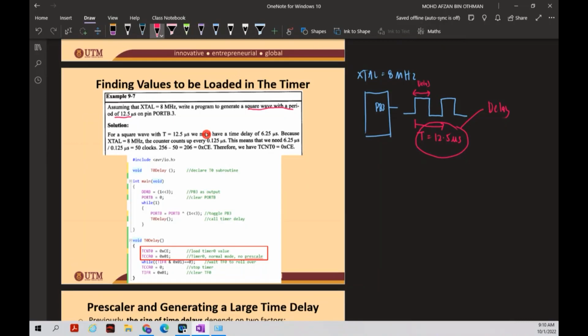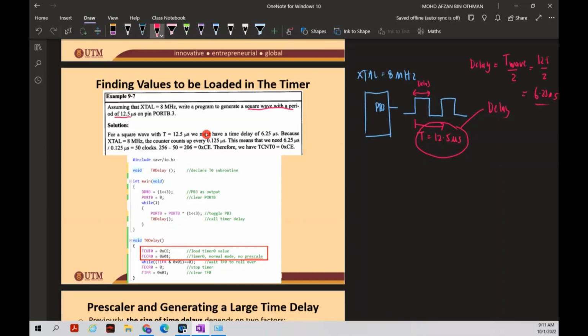So from this T, you can find out the delay, where delay equals T, the period of your wave, divided by 2. Half cycle: 12.5 divided by 2 gives you 6.25 microseconds.